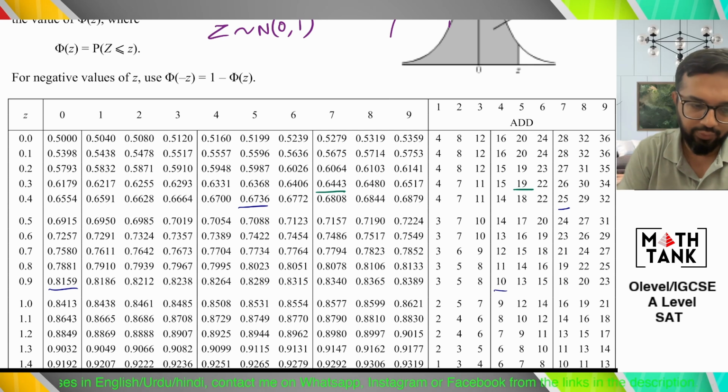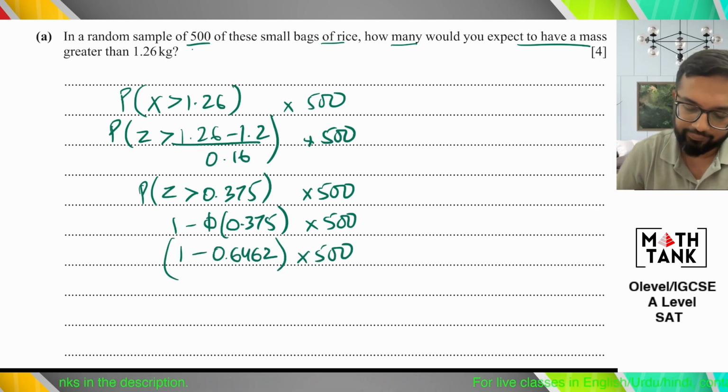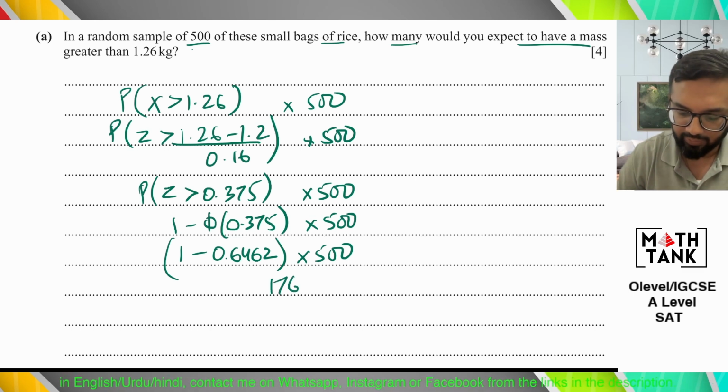Six four four three plus 9,460. Okay, that's giving me 176.9.